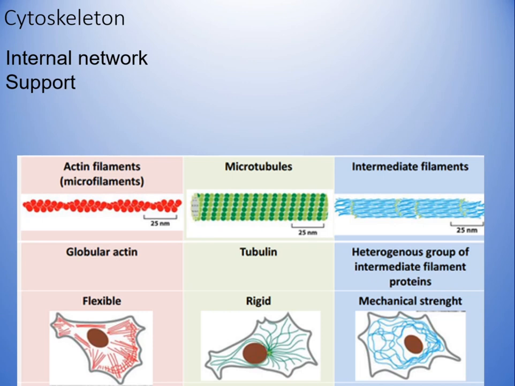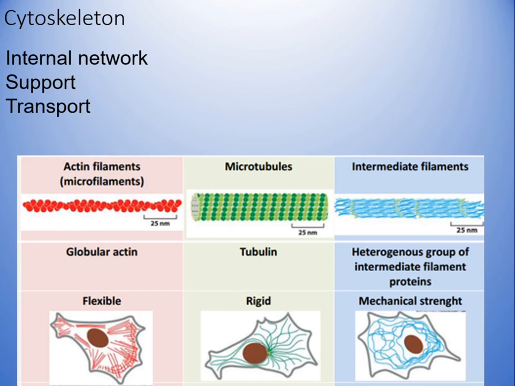And the three different types of proteins, which I don't require you to know, are listed down here: actin, microtubules, and intermediate filaments. And they support cells in different ways, right? So more actin filaments can make a cell more flexible, more microtubules, you're more rigid. So different proteins, different purpose.